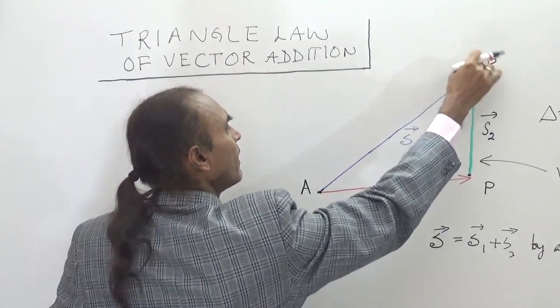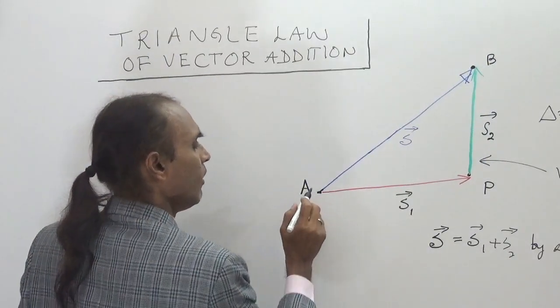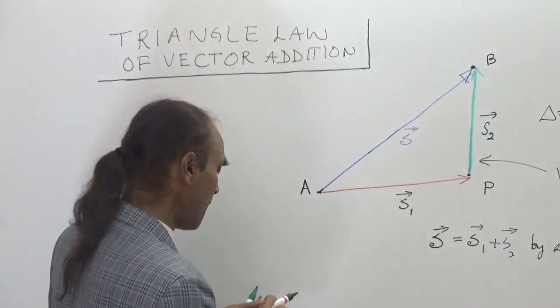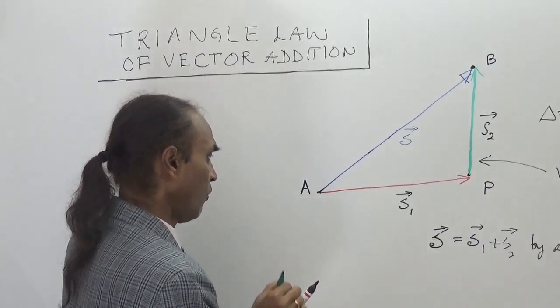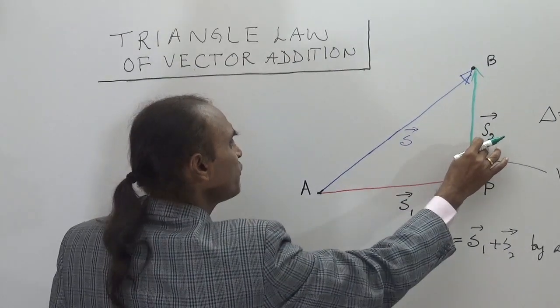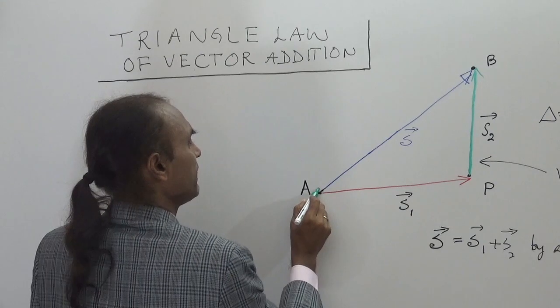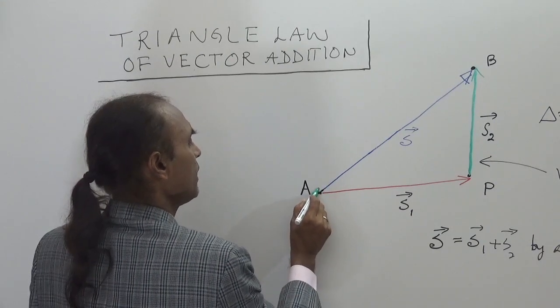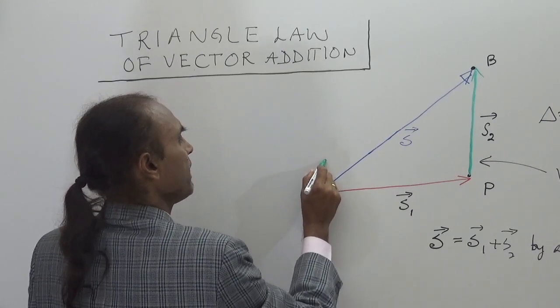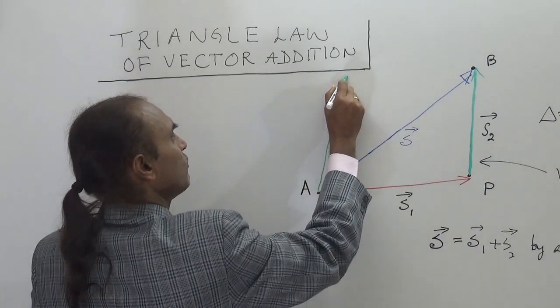To get this point P in a different way, only one option is available. What is that option? We have to undergo a displacement S2 first. So this is the displacement S2. From A, you are undergoing the displacement S2.